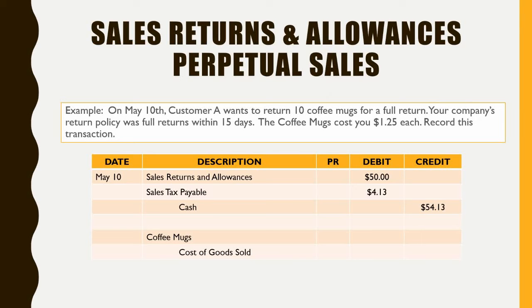This is one of the exceptions where you can flip and flop with this type of expense, because it's as if you never sold it to begin with. If each coffee mug costs you $1.25, you just do the same thing. They're returning 10 of those coffee mugs back to you, so I need to return those 10 coffee mugs at $1.25 back into my inventory.